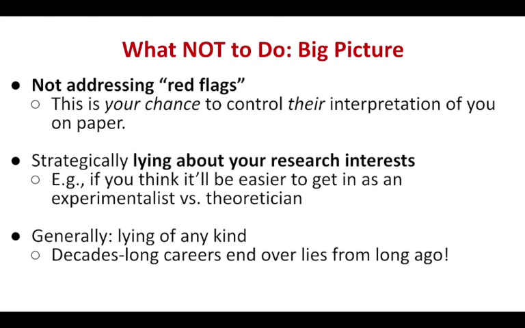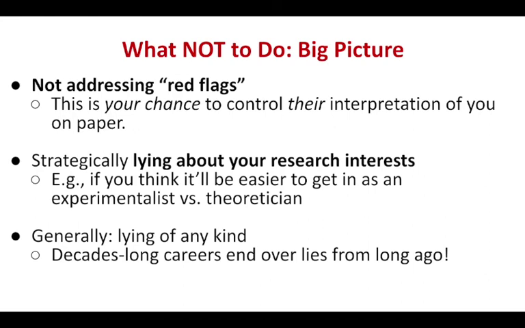Again, because most of your SOP is going to be about your past research experience and how that informs your future, what you want to do in grad school, you need a cohesive story there. That doesn't mean everything needs to be in linear order, like an arrow pointing dead on target.